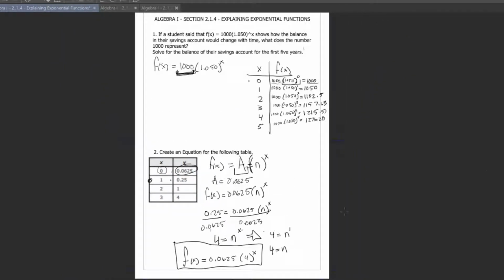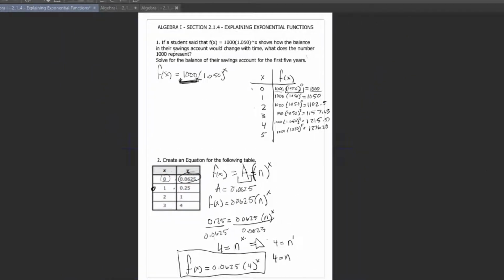So again, if there's any confusing steps here, or if you have any individual problems that you'd like me to work out, go ahead and leave it in the comment section, and I'll get to those as fast as possible. Overall, repeating the process, a few things you have to know. You have to make sense of the problem. At x or t equals 0, that a value is your initial amount, whether you're doing half-life decay or savings interest, whatever it is.